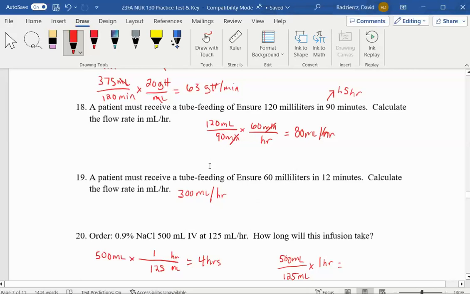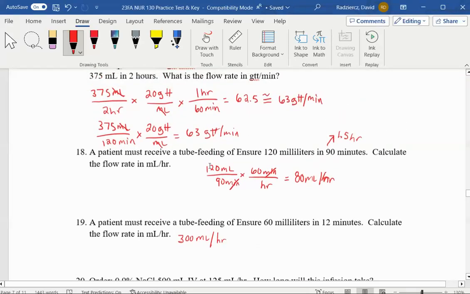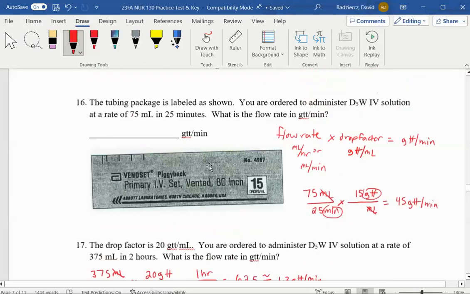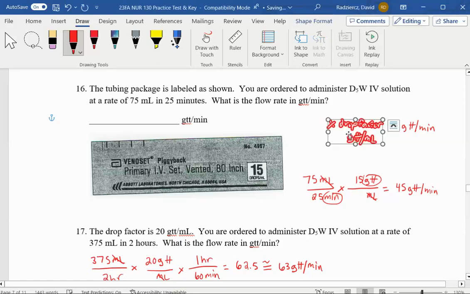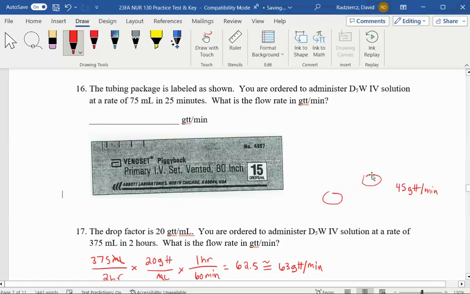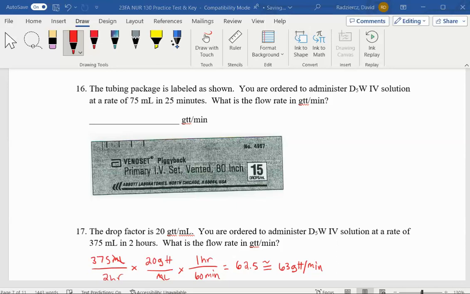All right, let's look at drop factor. Remember, drop factor is a type of flow rate.